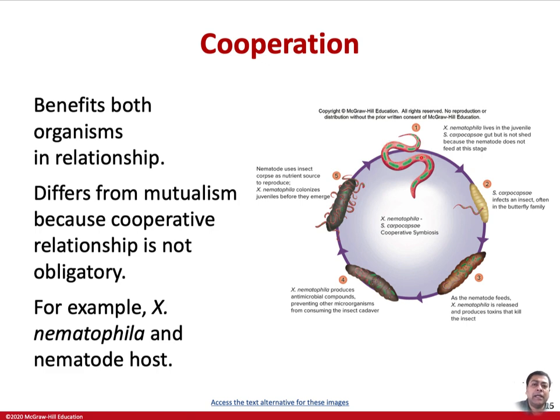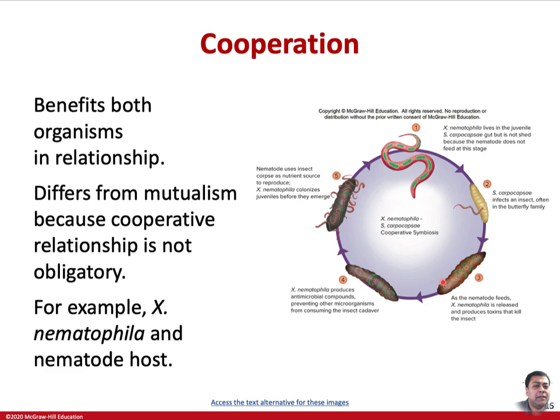Here, inside the gut, this bacterium lives inside the nematode gut and is not expelled because this juvenile is not eating. This nematode usually infects caterpillars of the butterfly family in their developmental stage. As the nematode feeds, Xenorhabdus nematophila is released and produces toxins that will kill the host.